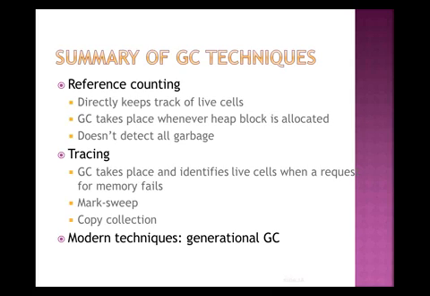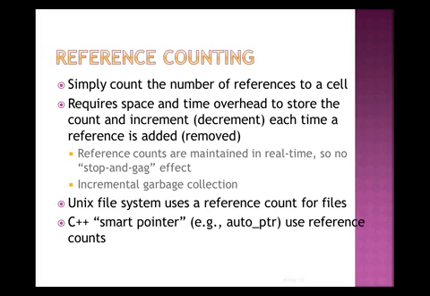Then we also studied the perfect garbage collector. What are the qualities of a perfect garbage collector? It collects the cells quickly, has excellent spatial quality or locality, and manages the heap efficiently. So any garbage collector that has these features is known as a perfect garbage collector.